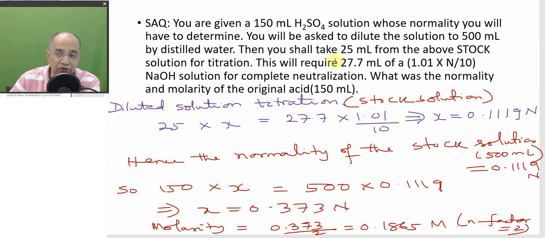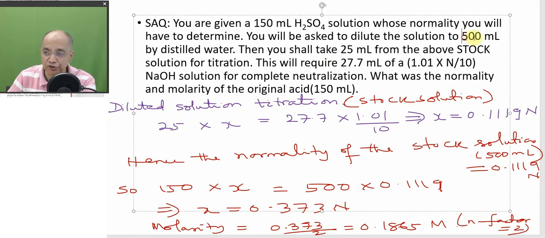Then you shall be performing the titration experiment. 25 ml of this stock solution, this is called the stock solution. Whatever measuring flask you take to prepare the dilute solution, that is to be branded as stock solution. From there, you take again and again and repeat the titration experiment till you get the same value. And that is called concordant readings.